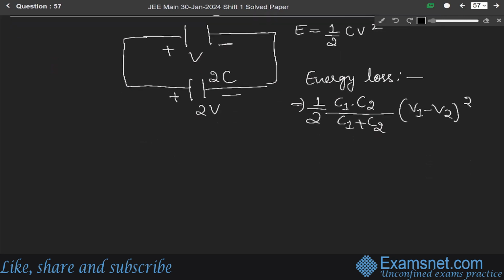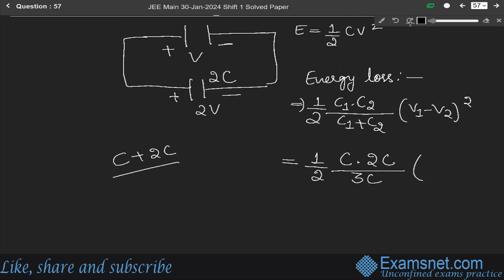Now solving it, we get 1 by 2, C1 is C and C2 is 2C, over C1 plus C2, C plus 2C means 3C, and V1 minus V2 means (2V minus V) whole square.